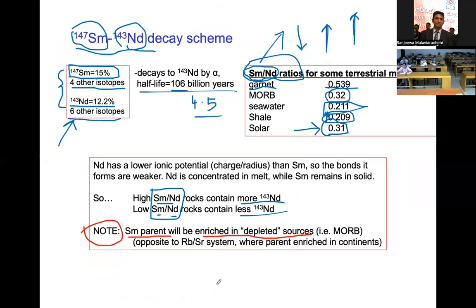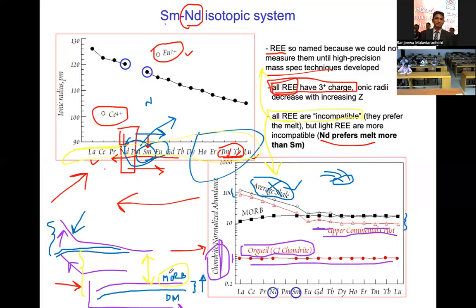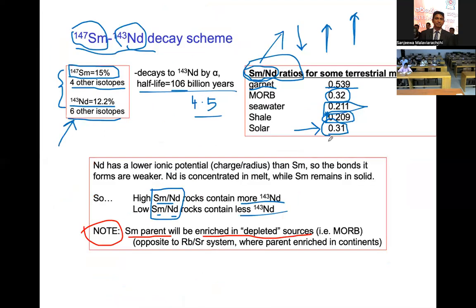So anyway, samarium is less incompatible compared to neodymium, right? Remember, neodymium prefers more melt. Neodymium prefers more melt, so it is more incompatible, right? So samarium is less incompatible. If something is less incompatible, that means it prefers more residue than melt.